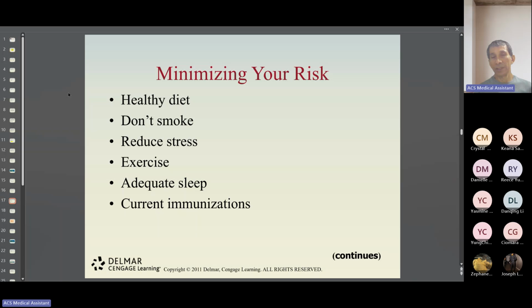Maintaining your immunizations. Remember, immunizations are prophylactic medications. Prophylactic means you are taking these medications to prevent something from happening. But if you don't take these preventive medications, now you're at risk of developing the condition and probably at risk of dying from the condition.